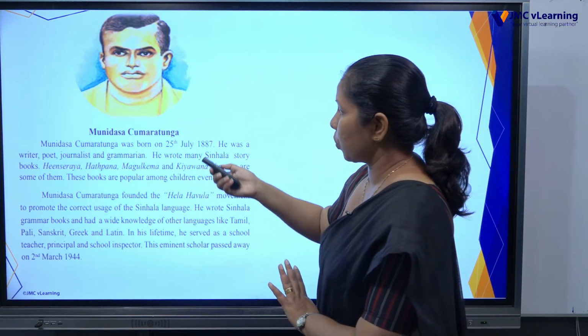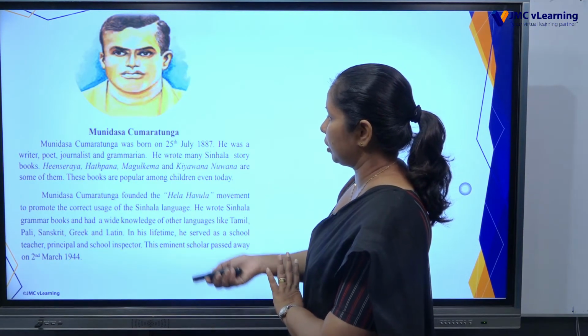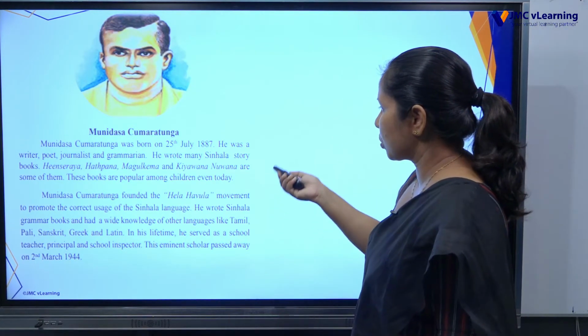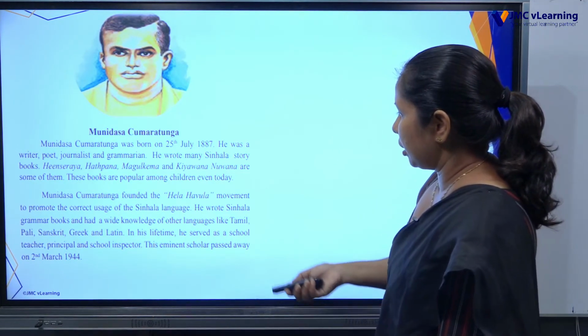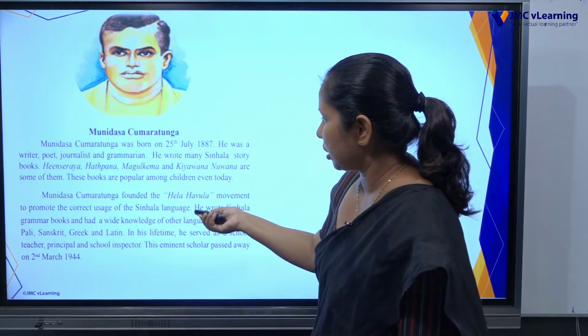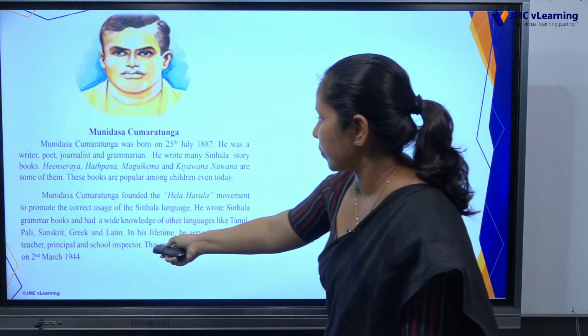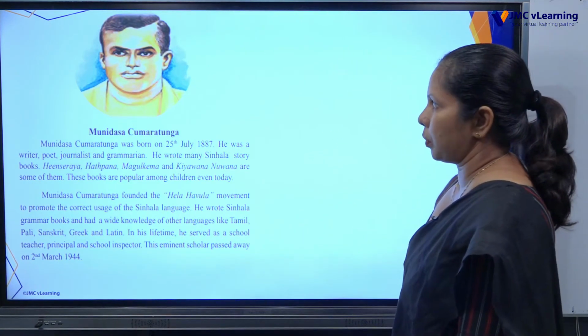They have given the date when he was born, then the books that he has written, then the other things that he has done, and the date he has passed away.